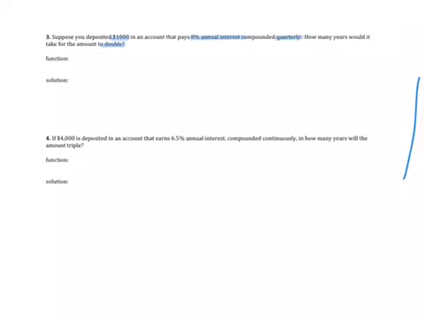We know that 1,000 is going to be our P. We know that the interest is 8%, so the R is going to be 0.08. We know that it's compounded quarterly, so N is 4. And then double the amount that we started, our Y, we're looking for when Y is 2,000. That's double 1,000. All right, so let's write our function.